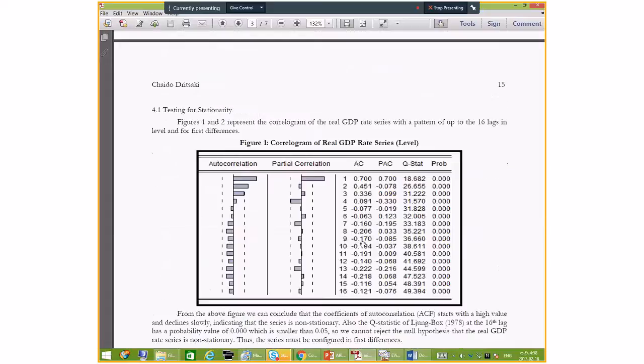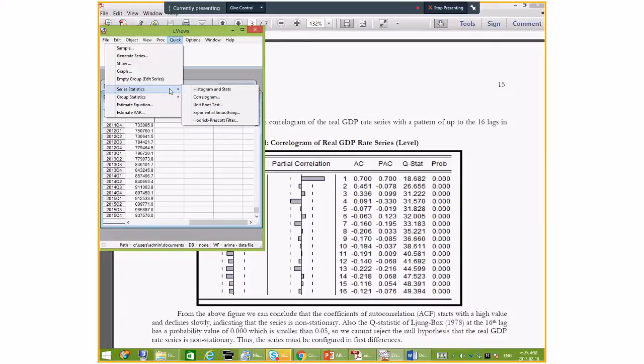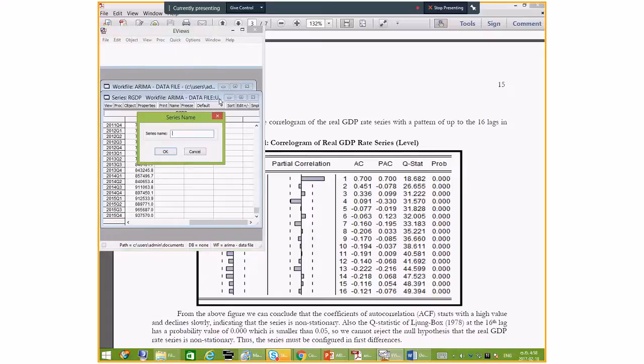First, go to the correlogram of the real GDP. Go to Quick, Series Statistics, and then go to Correlogram. The series name is RGDP.